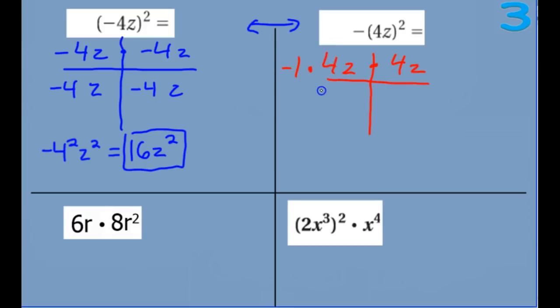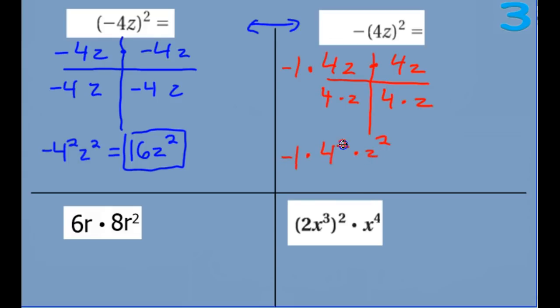So on this one we have 1 4 times 1 z. Here we have 1 4 times 1 z. So we have 2 4's, so 4 squared, times z, 2 z's, so z squared. And we also have this times negative 1.